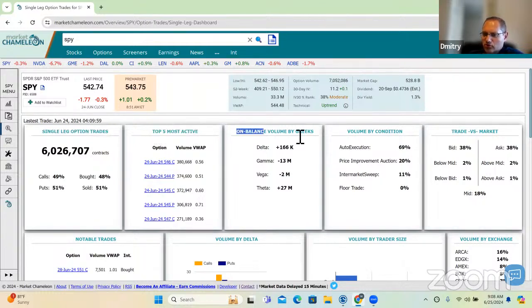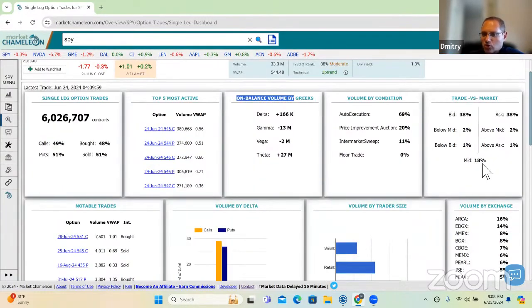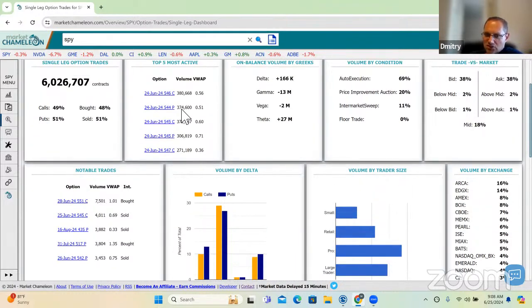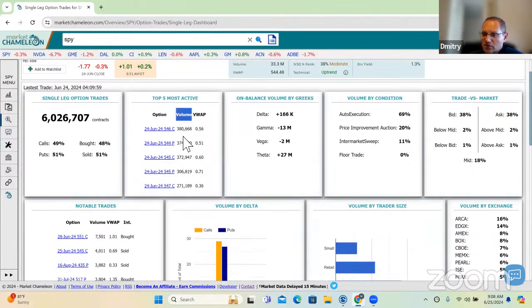So we went over these top row yesterday of analytics, and I think we stopped here at notable trades, which were the biggest individual trades. The difference between the trades and the total volume is that you could have an option that trades a lot of volume, but that's an accumulation of many different trades throughout the day, right?